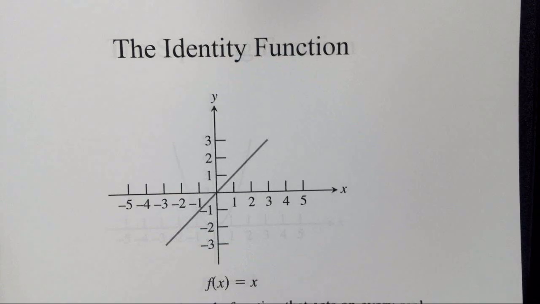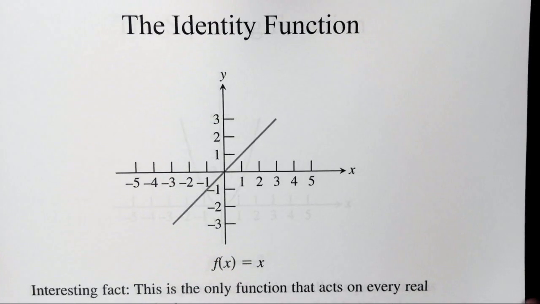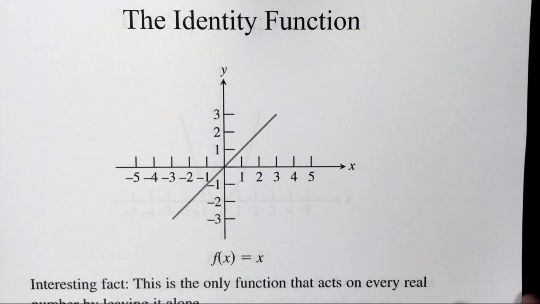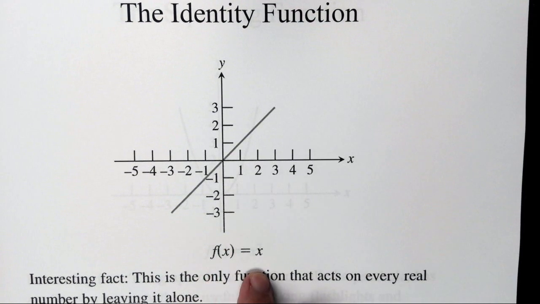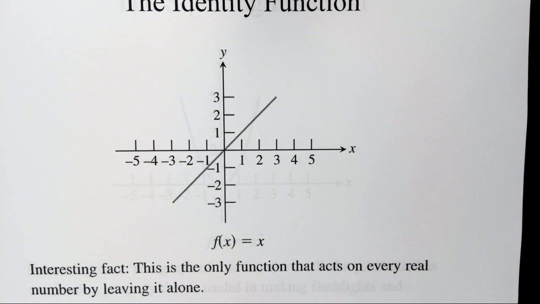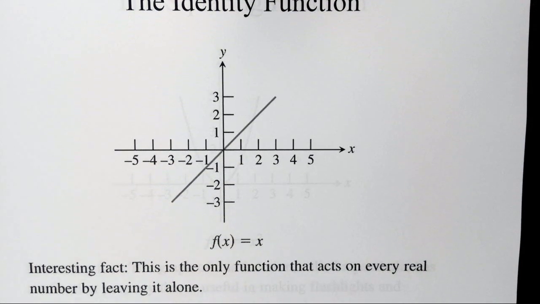All right, so the first one is the identity function. And notice what its equation is. F of x equals x. So it is called the identity function because if x is 1, y is 1.